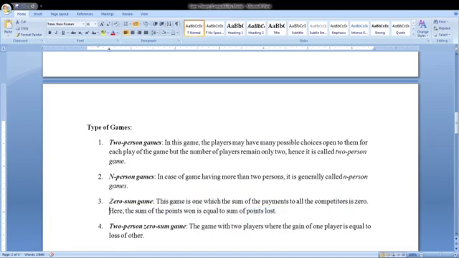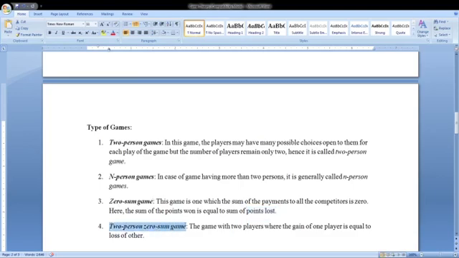Now the sum of both the things is 0, then that is called as zero sum game. In the sense like whatever player A has won, that is equal to whatever player B has lost. Both are equal, that's why it is called as zero sum game.